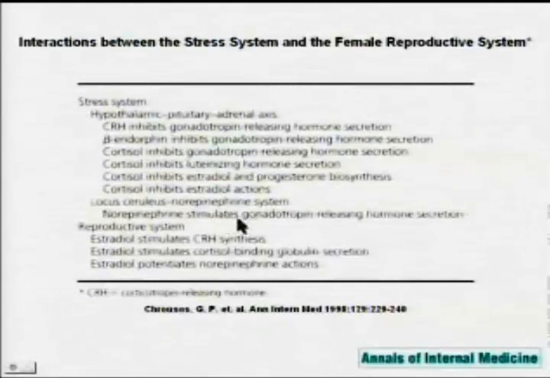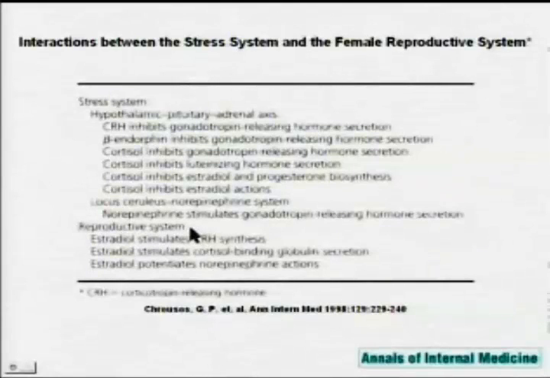So that norepinephrine stimulates gonadotropin-releasing hormone secretion. So here you have these overpowering effects that inhibit GnRH, whereas the norepi system is trying to keep it going a little bit so you don't completely shut down the HPG axis.